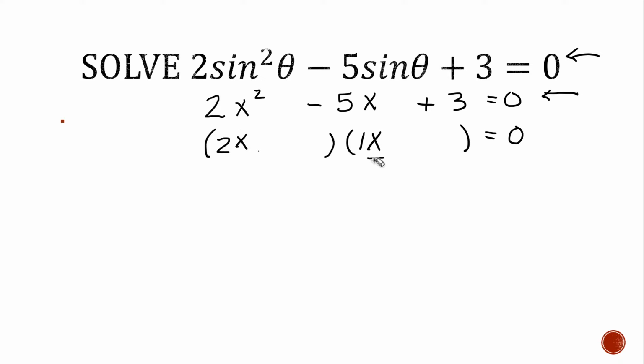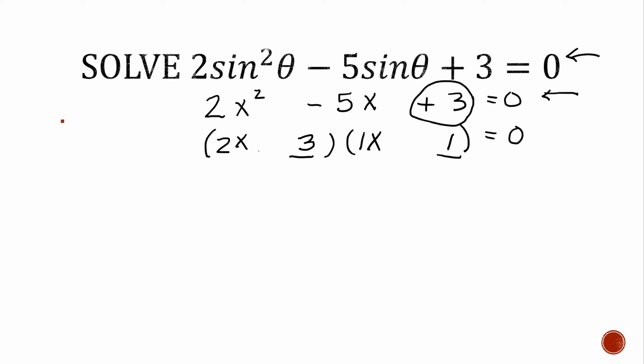All right, also remember that the things that you put in the back two positions need to multiply together to give you that positive 3. And so it's going to need to be either 1 and 3 or 3 and 1. And I don't really know which way it goes until I plug it in and try. So I'm going to go ahead and just put 3 and 1 in. And then I'm going to do a little checking.